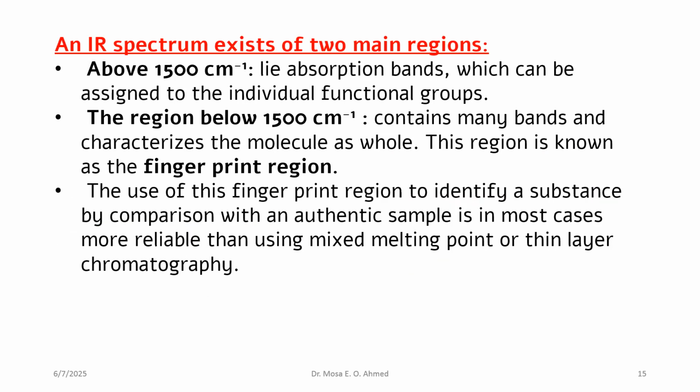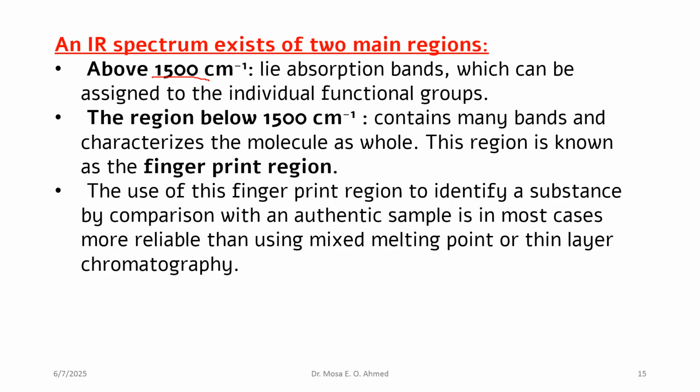In general, the IR spectrum can be divided into two main regions. Region 1 is at the wave number from 1500 and above. This is considered the absorption band for individual functional groups, and it is used for identification of the molecules.